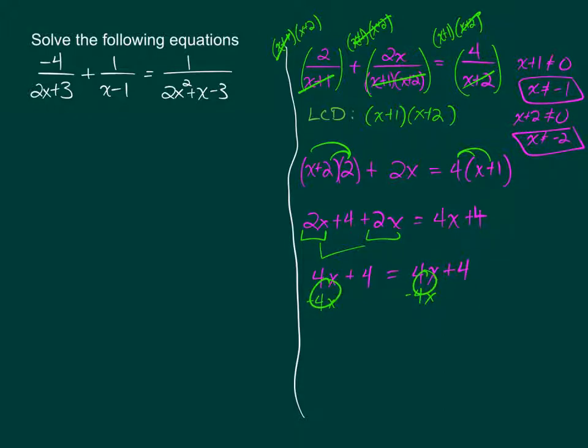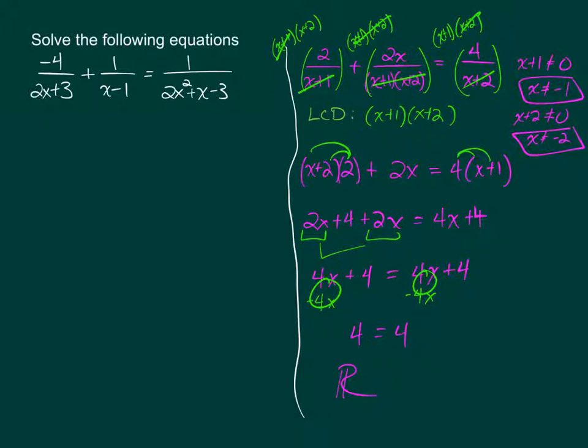So 0, 0. Oh man, I end up with 4 equals 4. Well, this is true. So that means my answer should be all real numbers, right? Well, normally, yes. If we had started with a linear equation, this would be the answer.